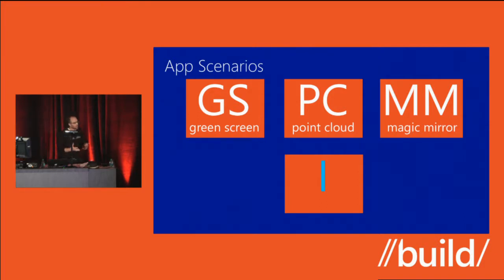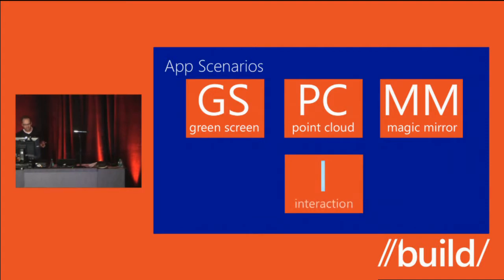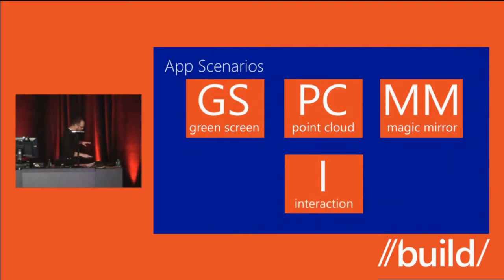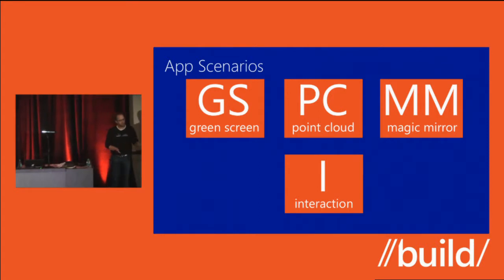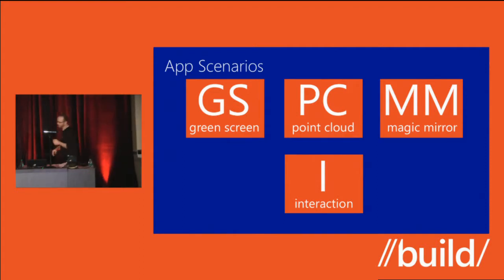This magic mirror, being able to put augmented reality on top of a color photo, on top of the video feed, is something that you just saw examples of today. And interaction is really critical as well. Jay Kapoor talked about this in yesterday's talk, talked about how to interact with buttons, how to interact with lists of things as well, and some of the advances we're making in those spaces.